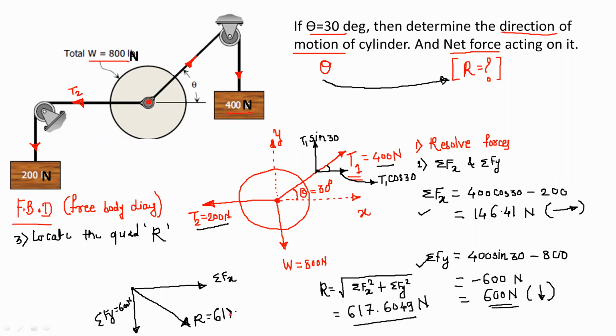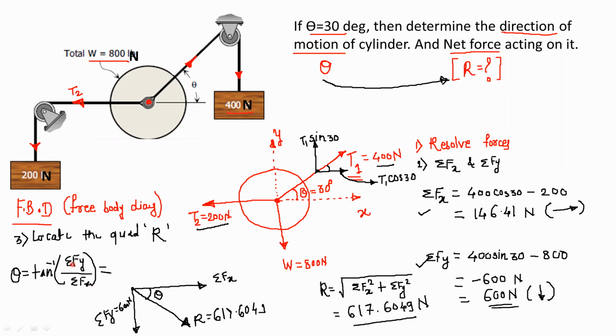R is 617.6049. And this theta angle, generally we consider the angle with respect to the x-axis for the resultant. So this is the theta angle for the resultant. So for the theta, we have the formula. To calculate theta, we will use tan inverse of summation Fy divided by the summation Fx.